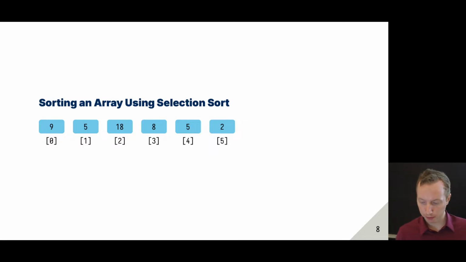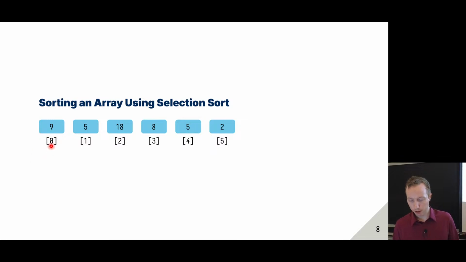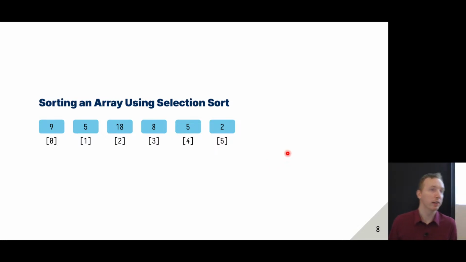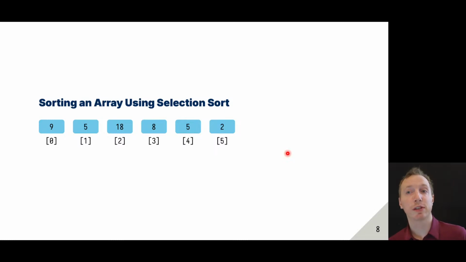If I do this using selection sort, I can just scan this entire array. What's the smallest number? Hopefully 2. So I can scan the whole array. It is 2.